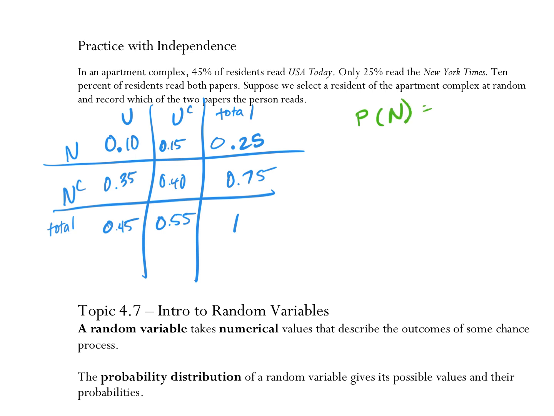Okay, if that's the one I'm finding, I need to compare that to the probability of reading the New York Times, given that they also read USA Today. So let's see, that would be 0.1 over 0.45, which is 0.22, repeating, I think. Yeah.